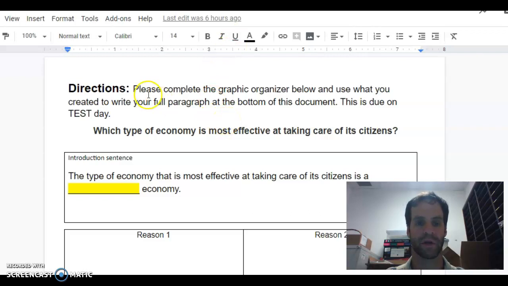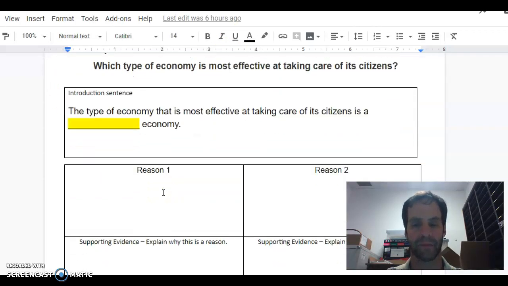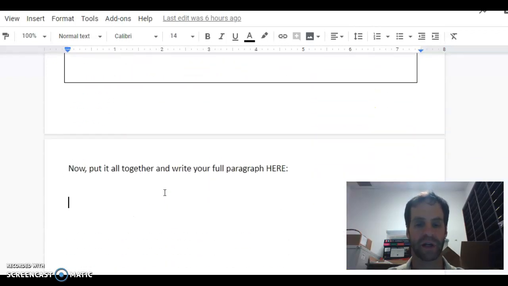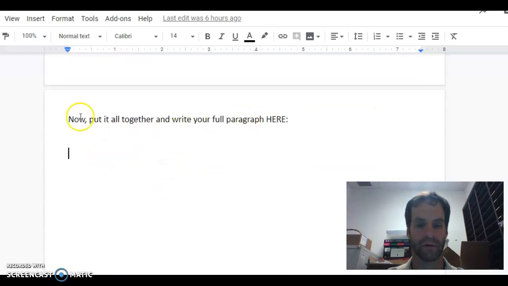You have a graphic organizer that you need to fill out first and then use it to put together your writing. Your complete writing goes at the bottom where it says now put it all together and write your full paragraph here, right there.